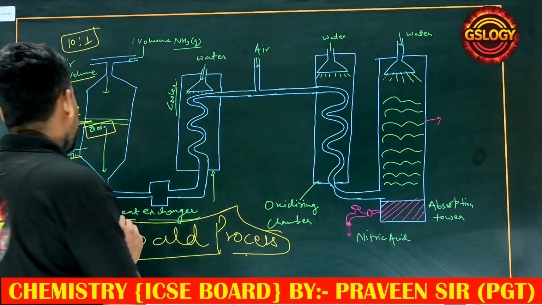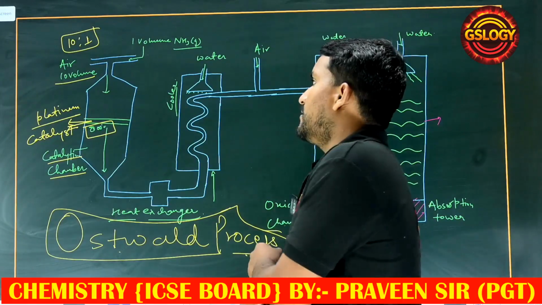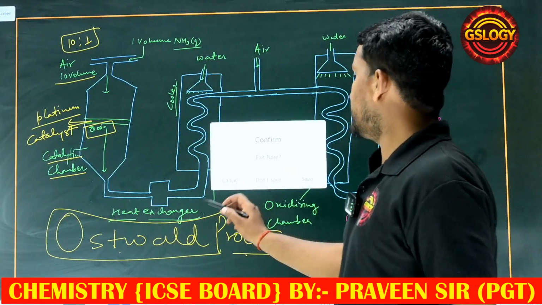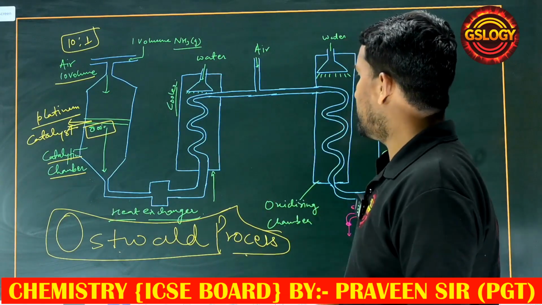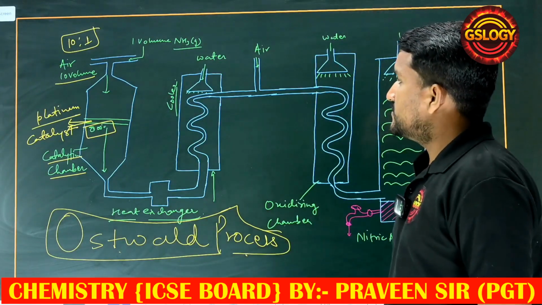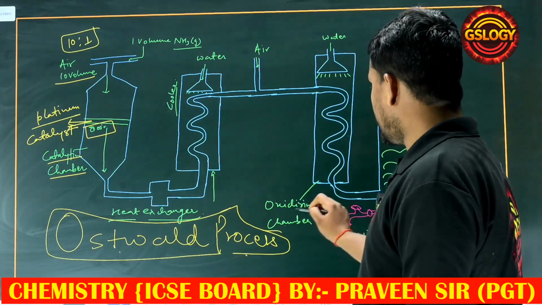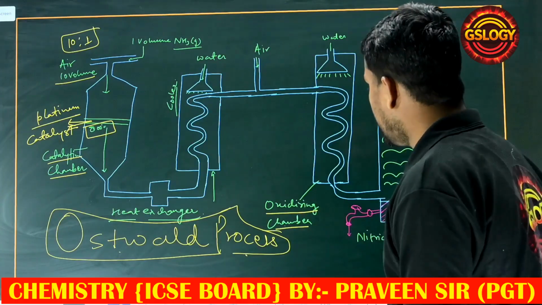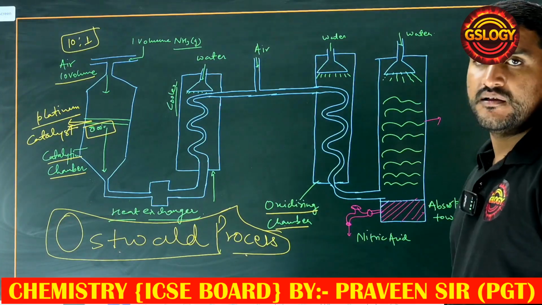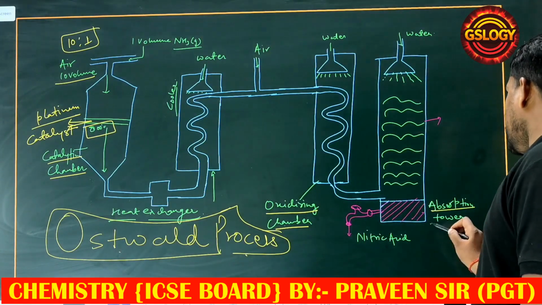In this chamber, on oxidation of the ammonia with the air, it forms water and nitric oxide. This nitric oxide is further sent into the oxidizing chamber and forms nitrogen dioxide, and finally nitrogen dioxide is transferred into the absorption tower.